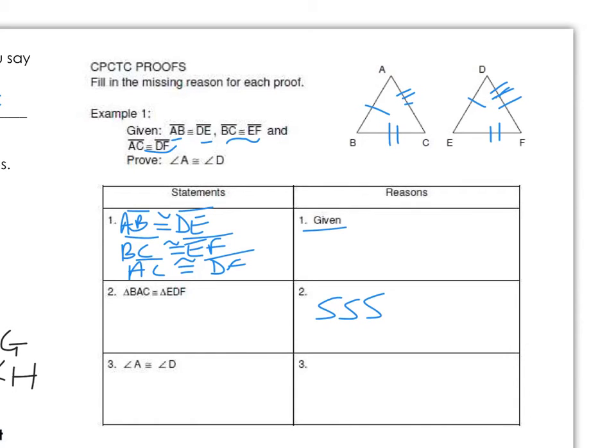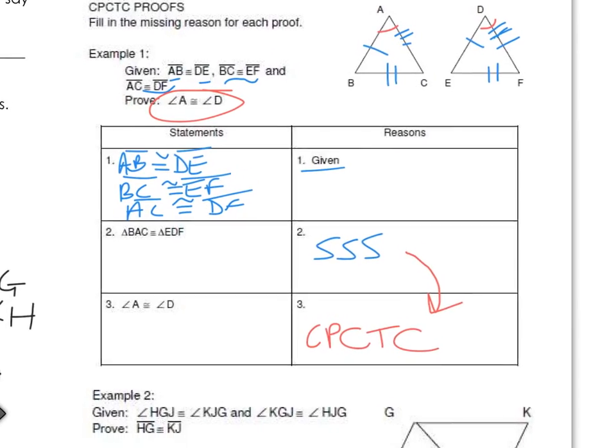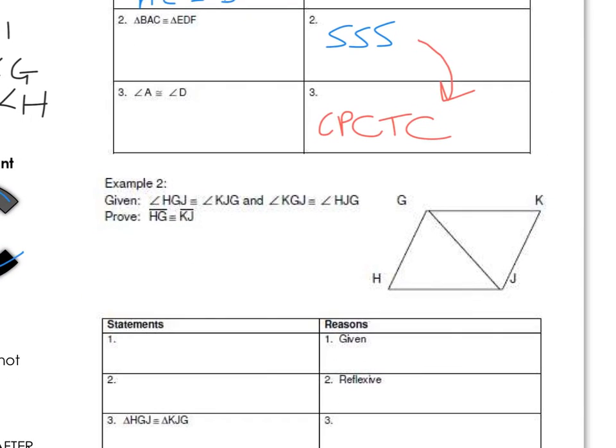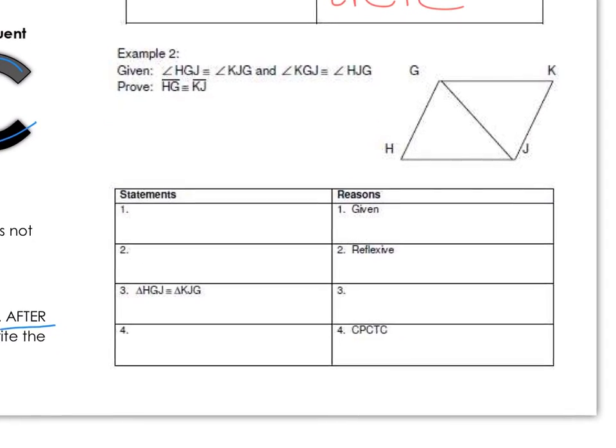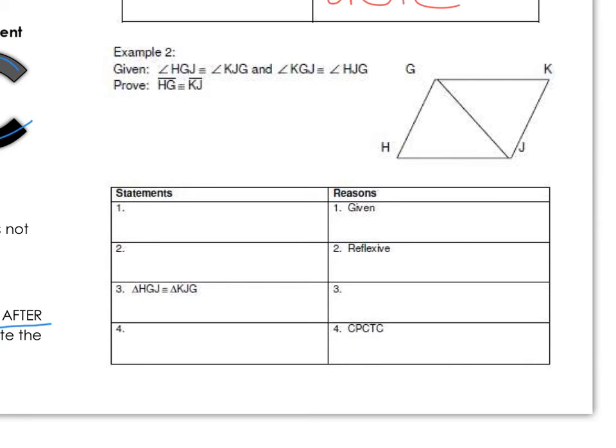And so my last step in my proof statement said angle A is congruent to angle D. Once you said that they're congruent by one of our theorems, then you can say that another part, in this case A and D, are congruent by CPCTC. Congruent parts of congruent triangles are congruent. So basically we do our normal triangle proof we've been working on for the past two lessons, and then we add in the CPCTC to finish it.